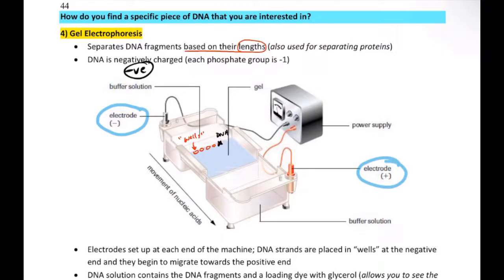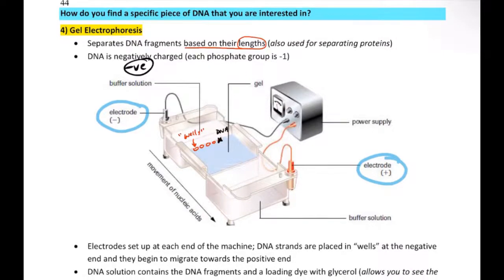So the DNA is going to begin to migrate from the negative end to the positive end, to try and get away from the negative and move towards the positive. It's drawn. So the DNA will immediately begin the race, but then the size of the DNA will determine how far it gets before I turn off the power. As soon as I turn off the power, everybody stops the race.